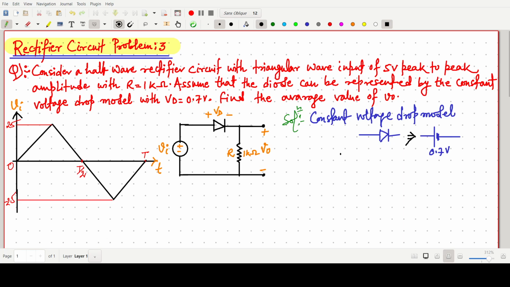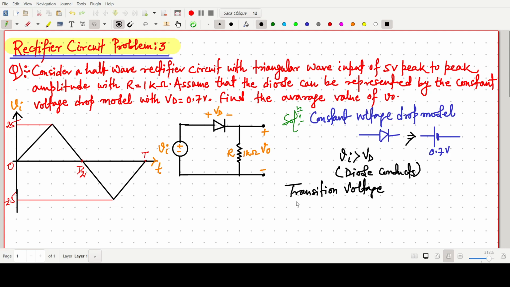Precisely, when Vi is greater than VD, the diode conducts. This also gives the information about after what time the diode will be on and off. So there is a concept called the transition voltage.